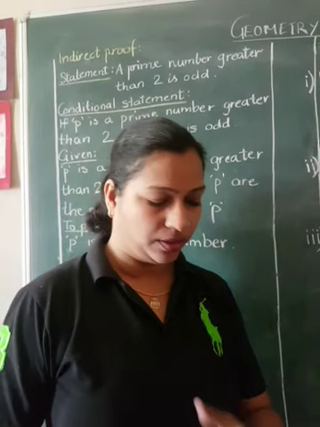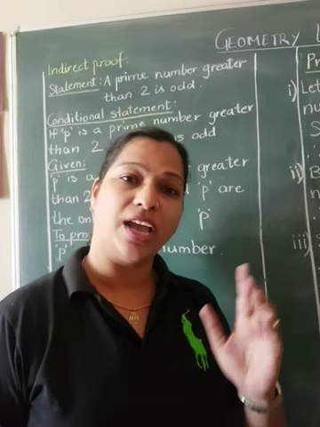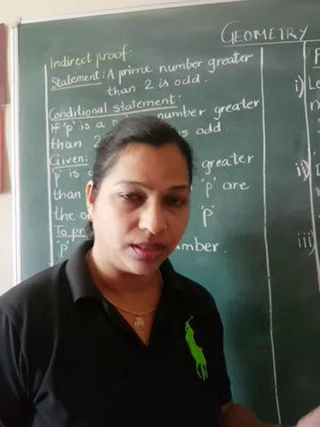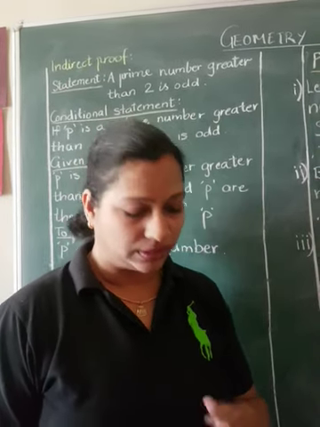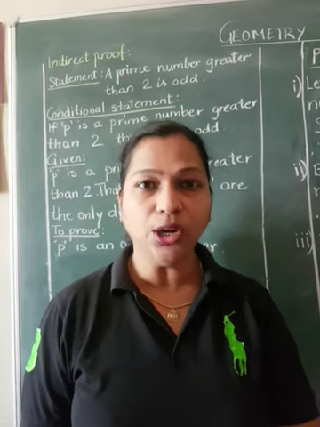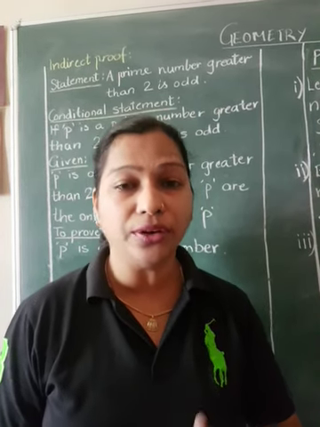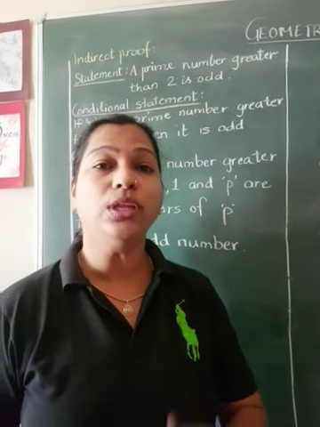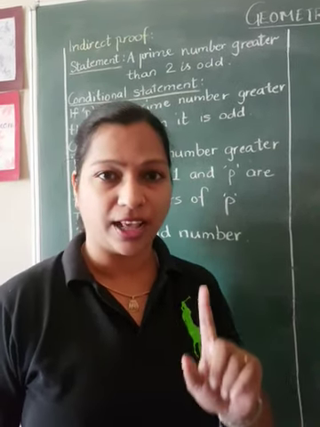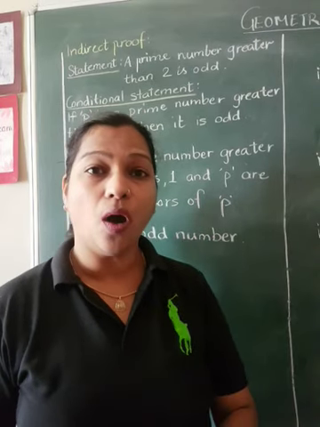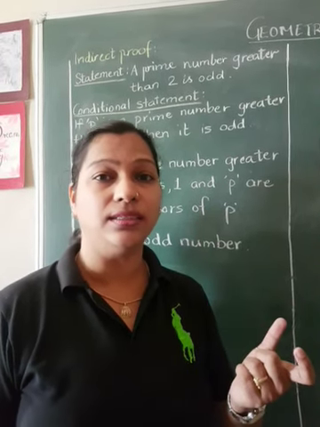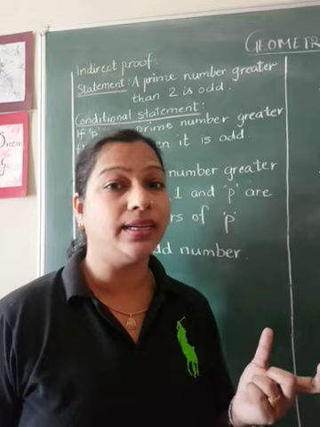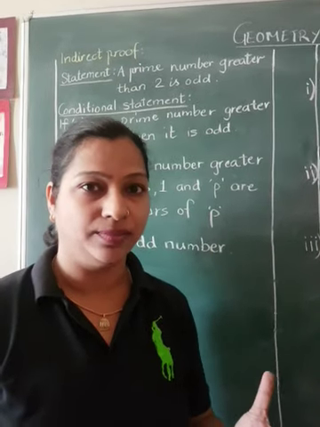So here we use the properties which have been accepted earlier and prove that the conclusion which we have reached is contradictory to the properties that have been accepted earlier or the antecedent which is stated in the statement.